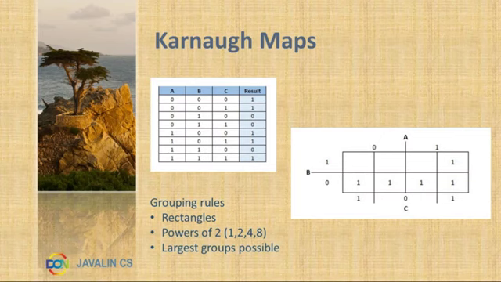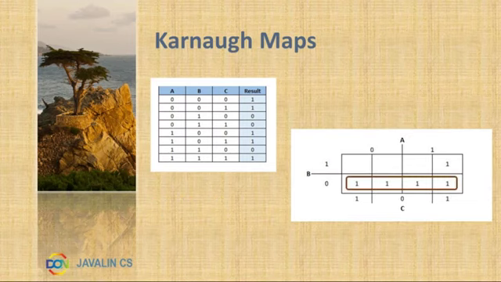We also need to group them so they're in the largest group possible. Now, using those three basic rules, you can see that there is a group across the bottom. That row of ones across the bottom forms a nice group. It's as big as possible. It's 4 entries, and it's rectangular. So we select that one first.